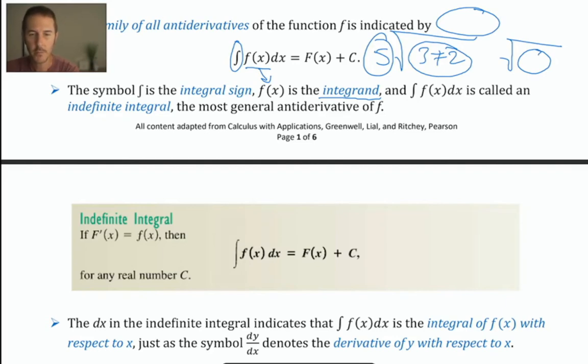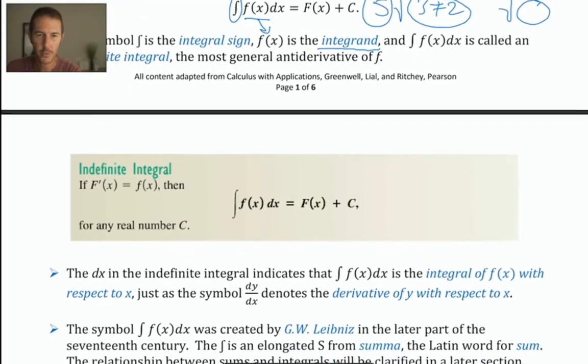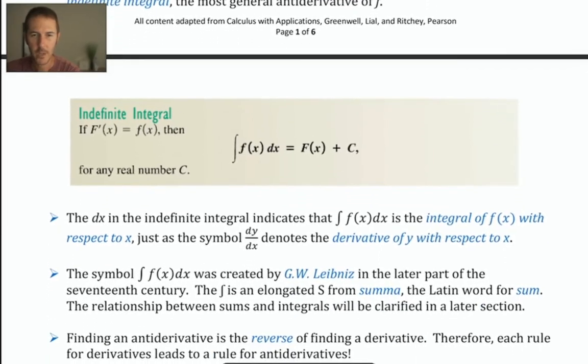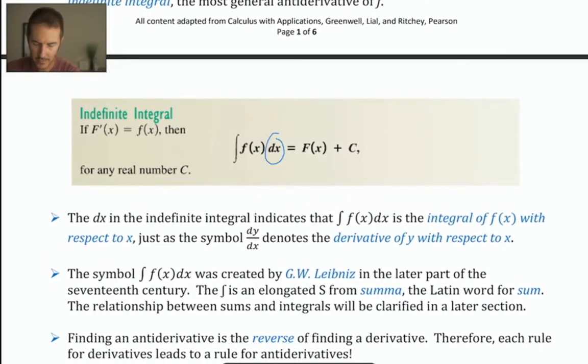And another component of that, which we talk about below this sand-colored box, is that there's this dx in here. And that dx is telling us that we're integrating, or we're finding the integral of f of x with respect to x. That will become more important as we go along and as these problems become a little bit more complex.